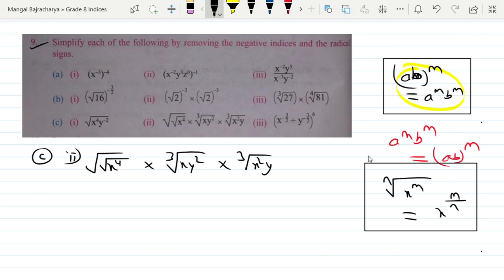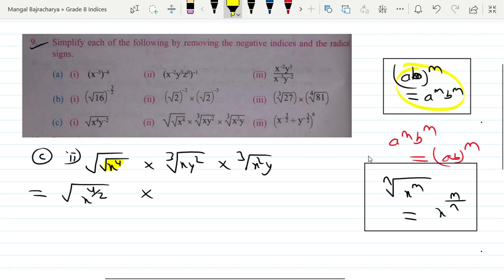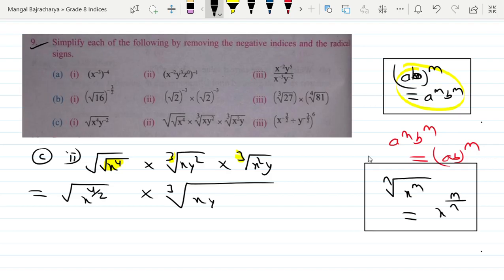So how do we deal with this? Let's deal with the first term inside the square root: x power 4 by 2, because there is a square root. And now both of these are cube roots, right? So let's group them. Both are cube roots, so xy square and x square y, let's keep inside the same root.